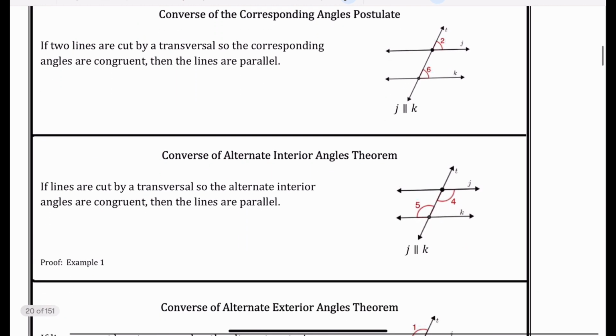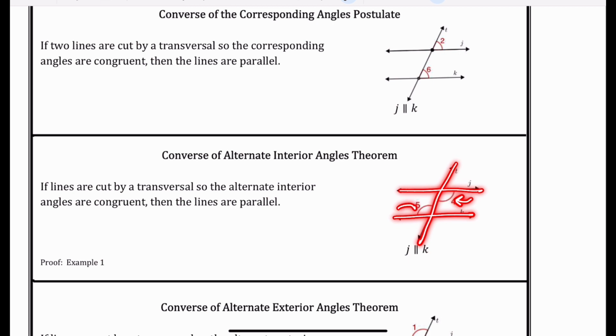The alternate interior angles theorem says if two lines are parallel, then the alternate interior angles will be congruent. So if two lines are cut by a transversal and the alternate interior angles are congruent, then these lines have to be parallel.